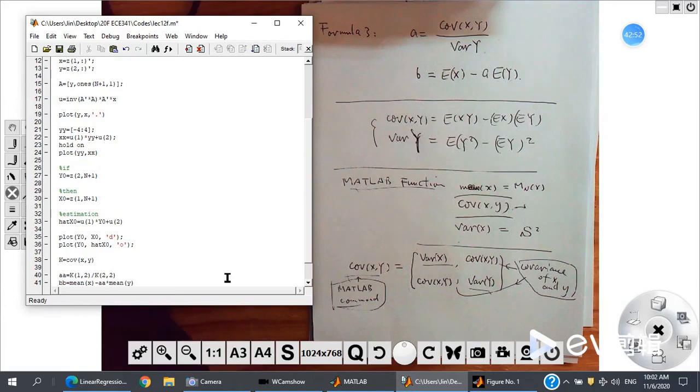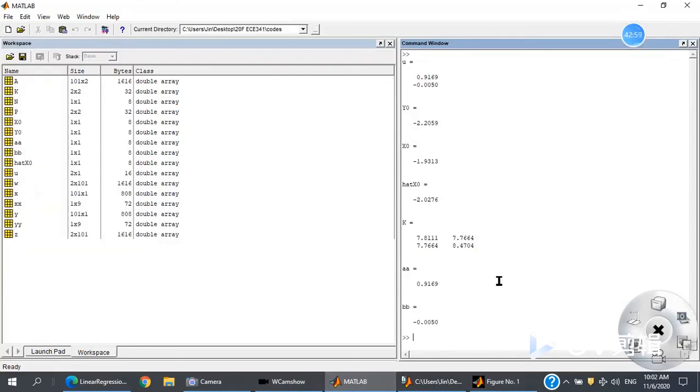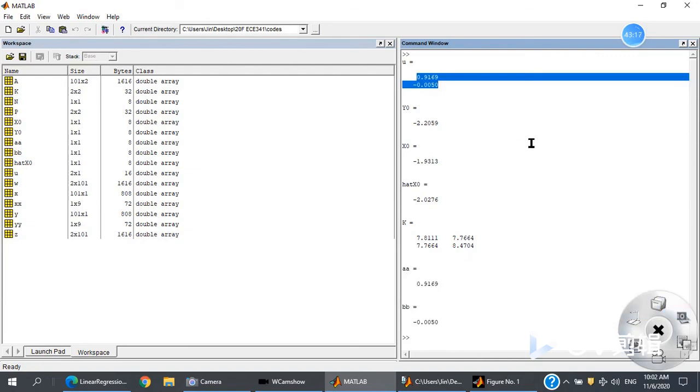Then let me run it. Okay, when I run it, I have U here. This is U. We use a matrix form, right? And now we use the covariance over the variance. Same thing, right? Yeah, the same. And compare with this, they are the same. So you use either way, it works.